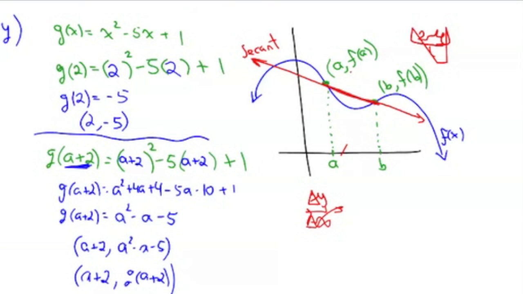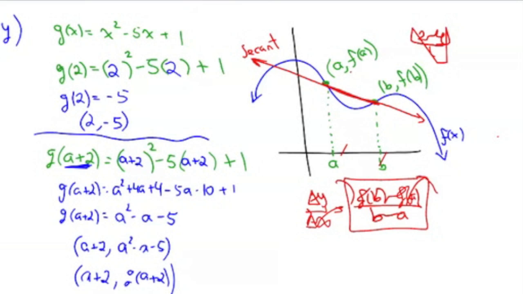Most books write it f of b minus f of a. So the difference of the y coordinates. It really doesn't matter if you write f of a minus f of b, but f of b minus f of a is standard. And then the bottom becomes the change in x, b minus a. This thing is called, fancily, the average value of f of x, of a function.